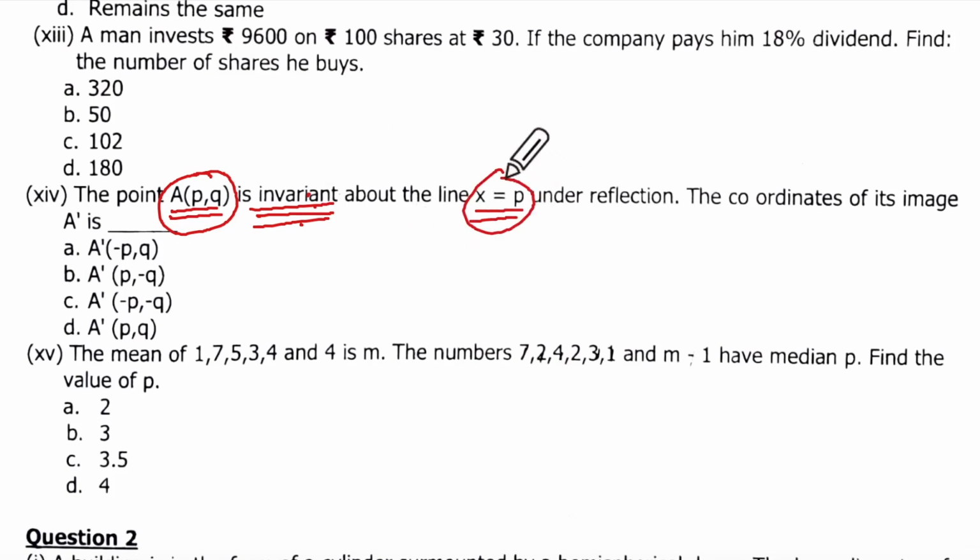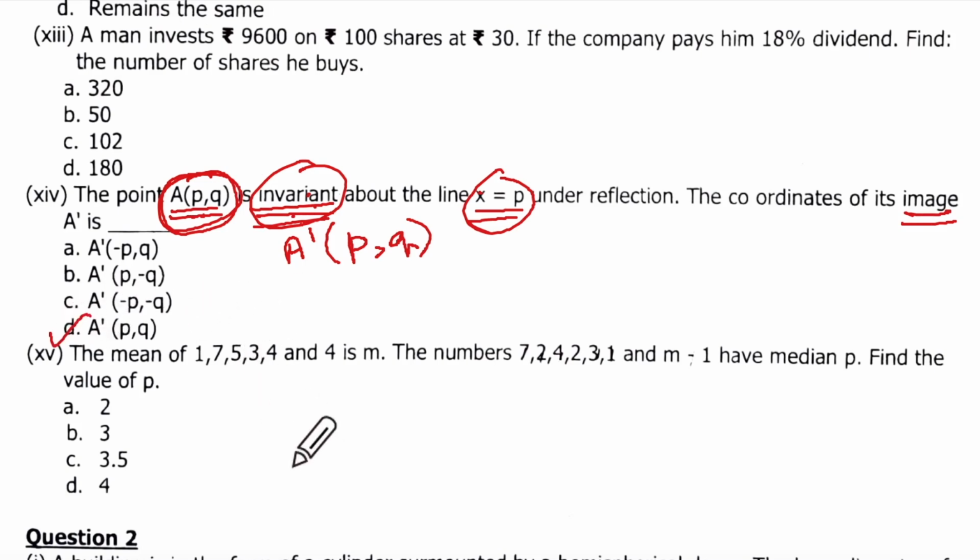Doesn't matter what the line is, if it is invariant it doesn't change. So your A dash will also be the same. Invariant means the coordinates do not change, so the image also will be the same as the given point. So A dash is P comma Q. Where is it? D.